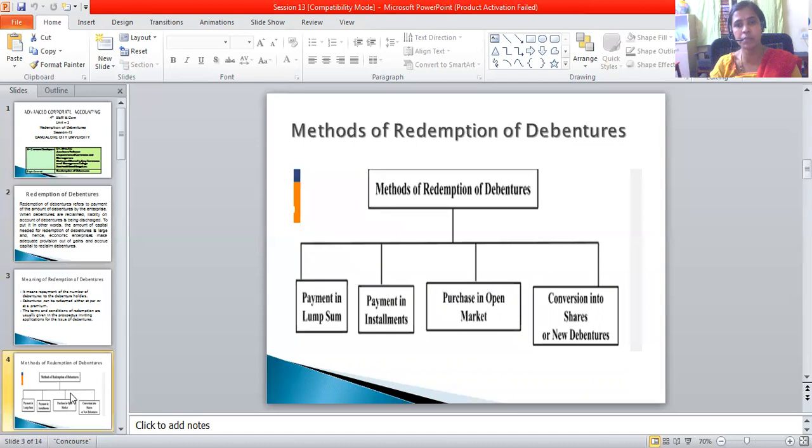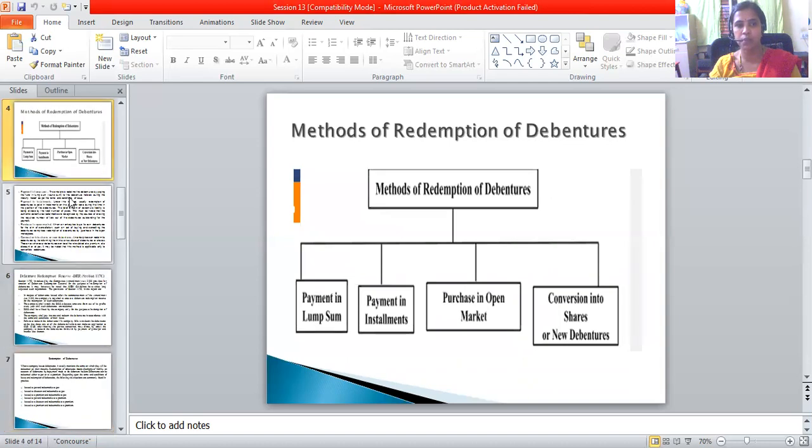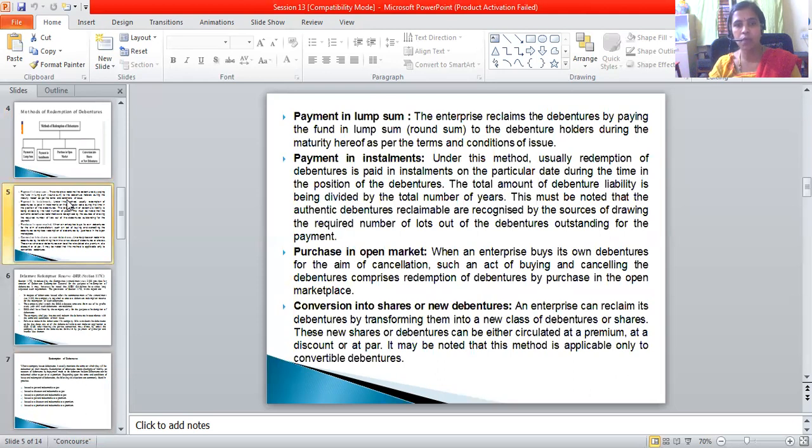The redemption of debentures can be done through four methods. First is payment in lump sum amount, then payment in installments, purchase in open market, and conversion into shares or new debentures. Let us now discuss each of the methods.